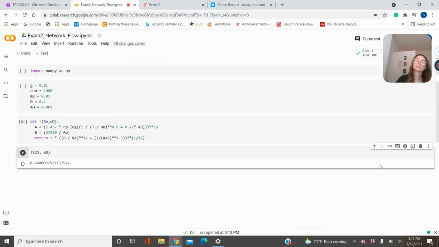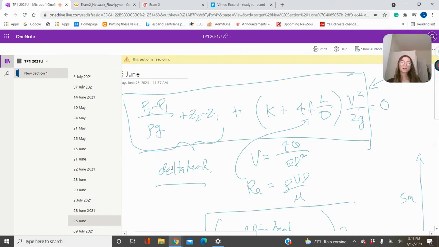Now that we know our friction factor, we want to set our delta head equal to our equation, our friction factor equation, now that we've solved for that unknown, and we want to solve for our delta head next.